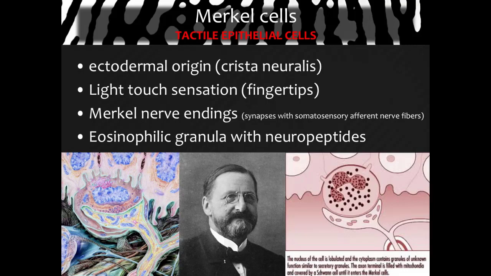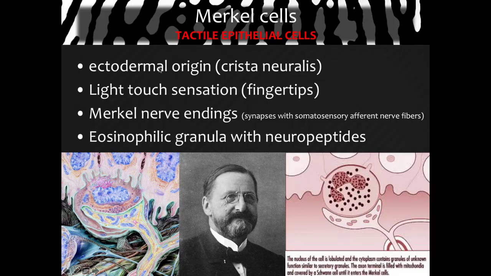So those were keratinocytes, and now we will talk about the other cell types of epidermis. First, the Merkel cells, sometimes called the tactile epithelial cells. They have the ectodermal origin.